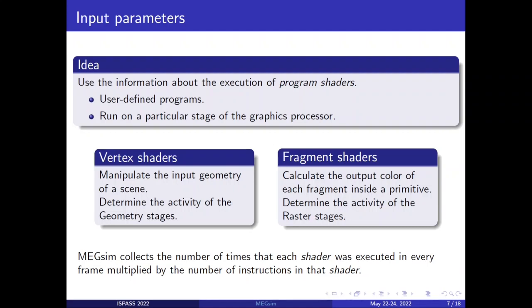We can distinguish between 2 types: vertex shaders that manipulate the input geometry and therefore determine the activity of the geometry stages, and fragment shaders that calculate the output color of each fragment and determine the activity of the raster stages. MEGSim collects the number of times that each shader was executed in every frame. Afterwards, these values are multiplied by the number of instructions in each shader.